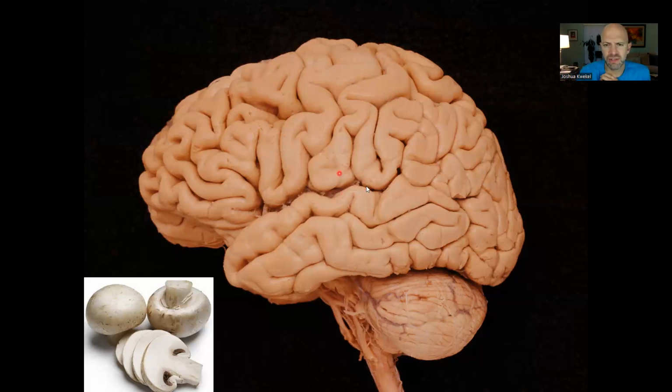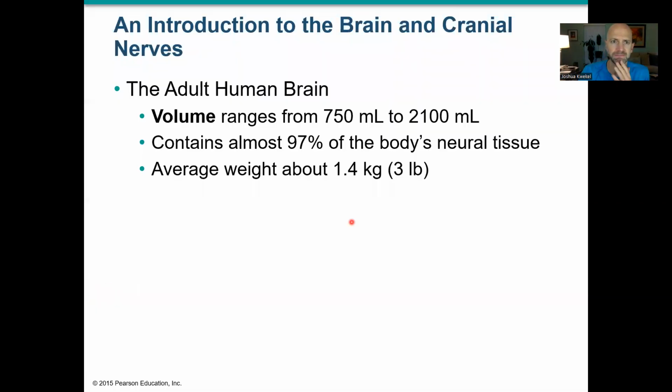There are some other structures that are buried here that we won't be able to see until we take a section through the brain. But if you hear me refer to the stalk and the cap, that's where I'm coming from, anatomically, in navigating around the brain. All right, here are some stats on the brain: around 750 mils to 2100 mils.